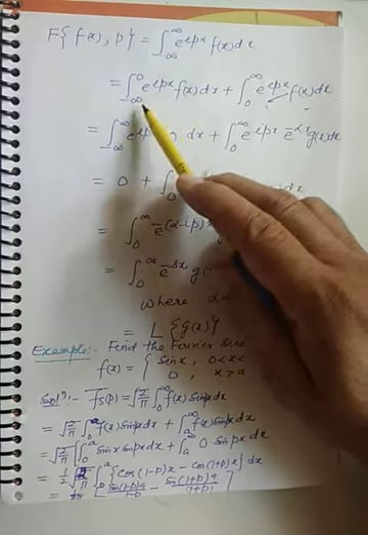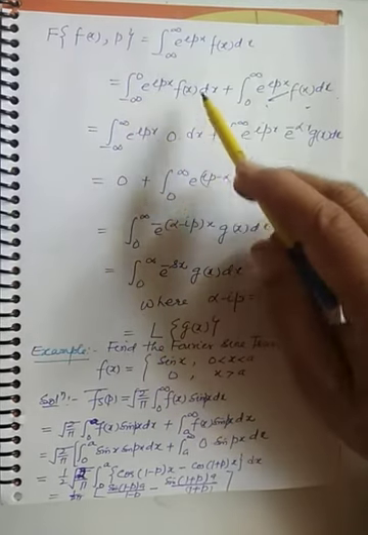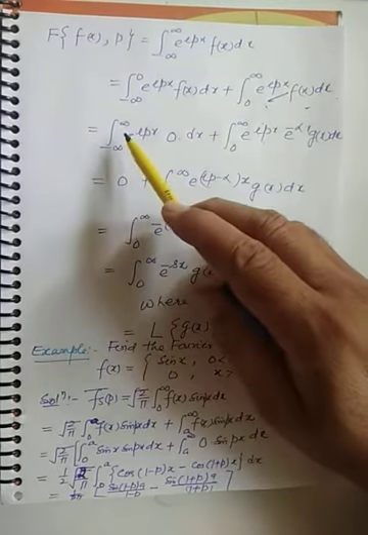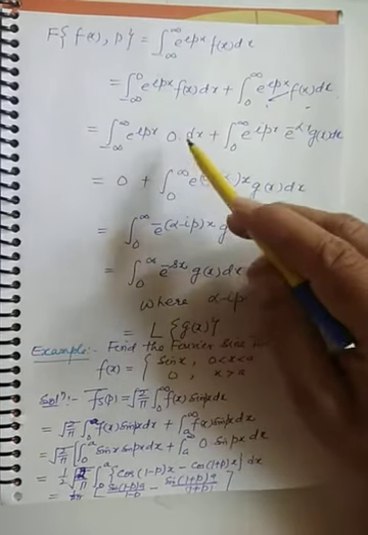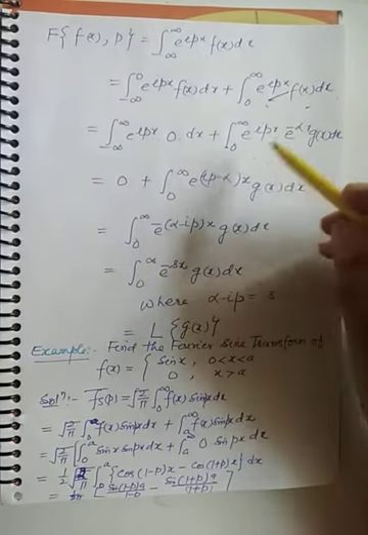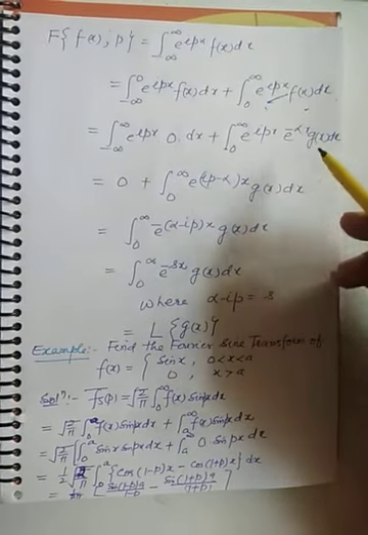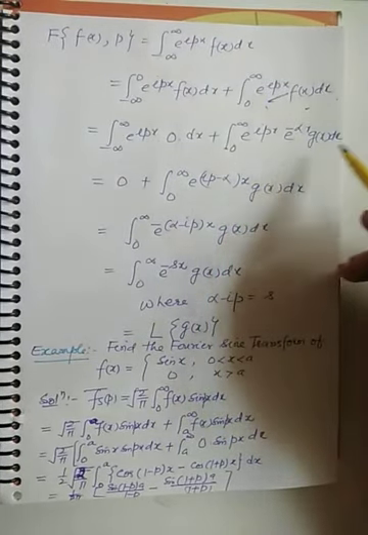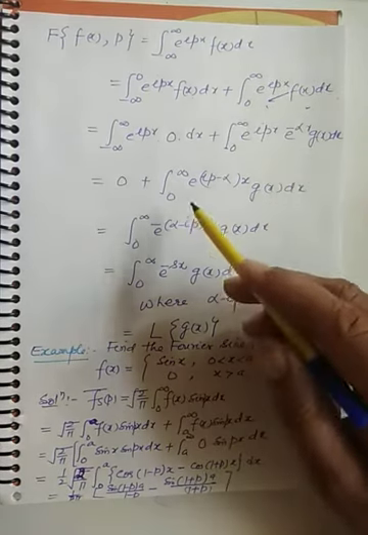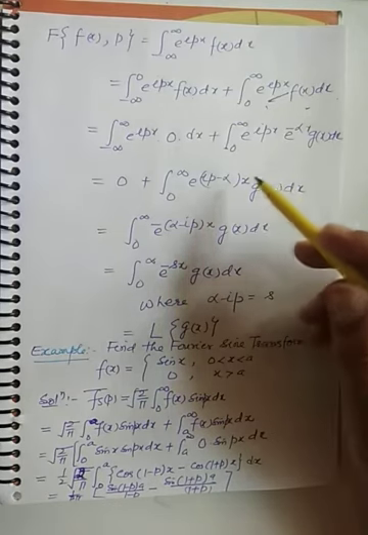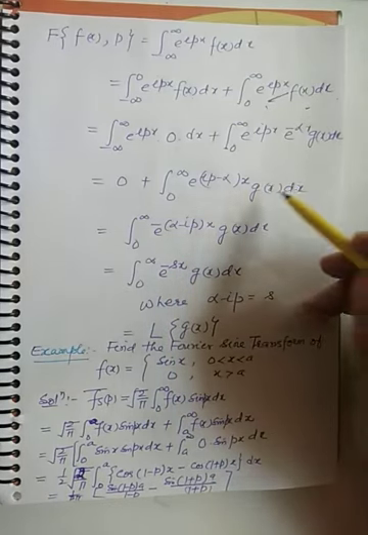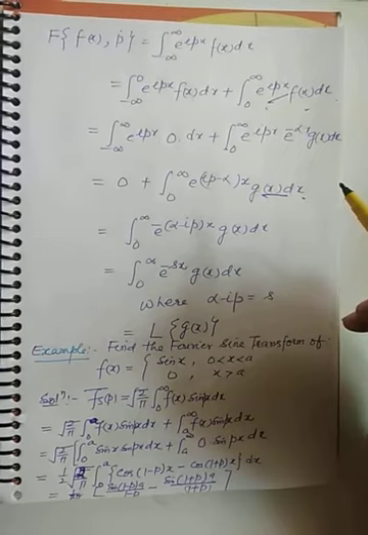Between these limits, when x is less than 0, f(x) is 0, therefore the first integral is 0, plus 0 to infinity e raised to power iota px e raised to power minus alpha x g(x) dx.